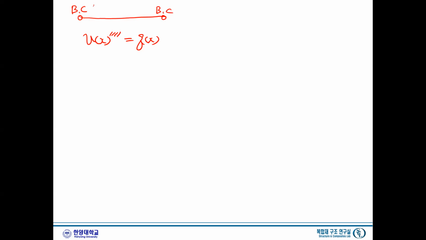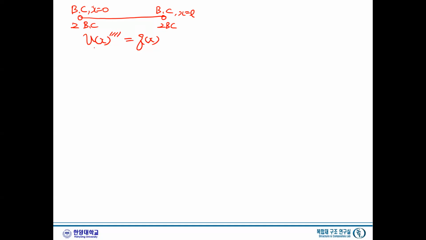Here is x equals 0, and here is x equals L. So totally four boundary conditions, and q is given.